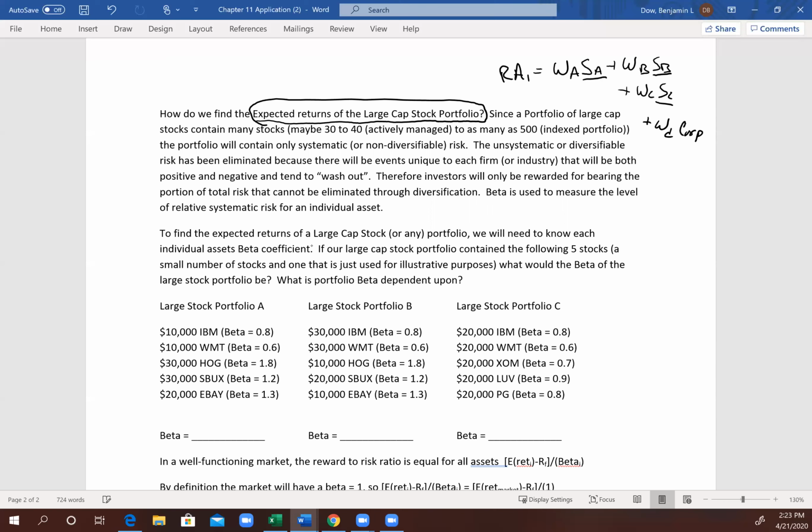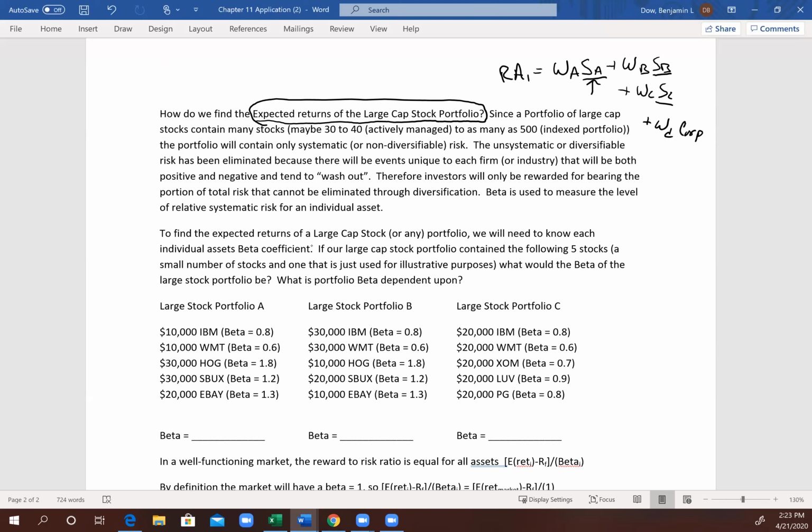Okay. But now the question is, this was all given. The expected return for stocks was given. How do we find, for instance, the expected return of the large cap stock portfolio? Okay. Well, the large cap stock portfolio is just made up of a bunch of different large cap stocks, with different amounts of money in it. Okay.